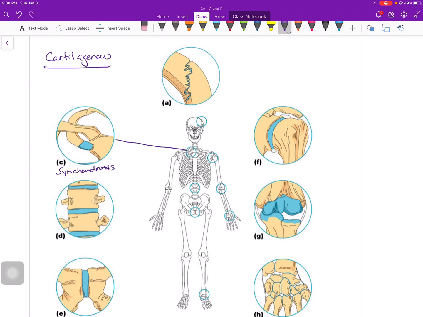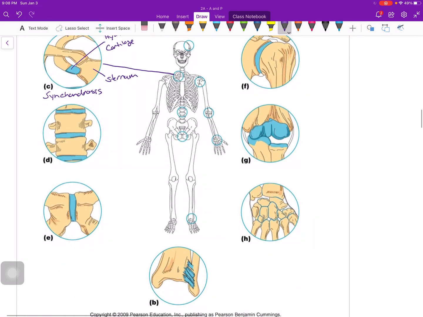What you have is the first rib, and then you have the hyaline cartilage, and then you have the sternum. All right. The next one of these guys is called a symphysis.